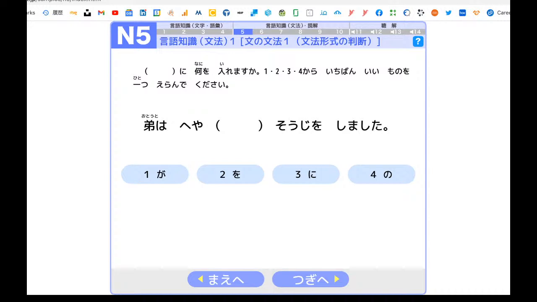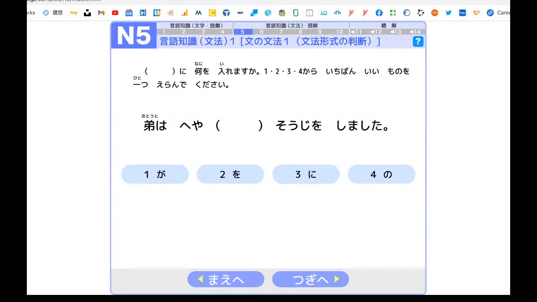And then you need to fill the blank. Okay. 弟は部屋 blank 掃除をしました。So what will be in the blank?